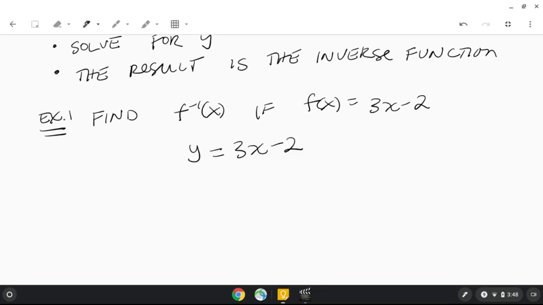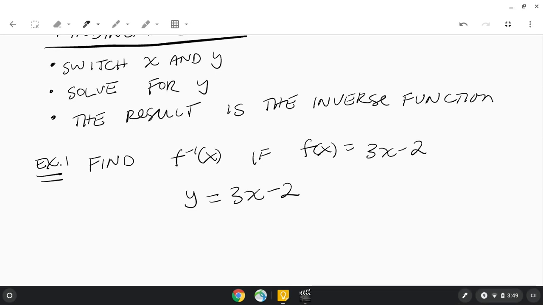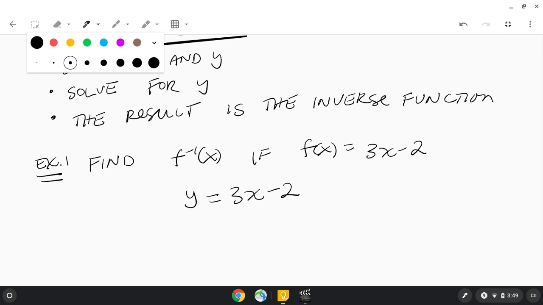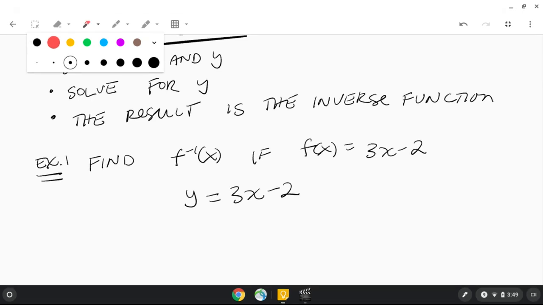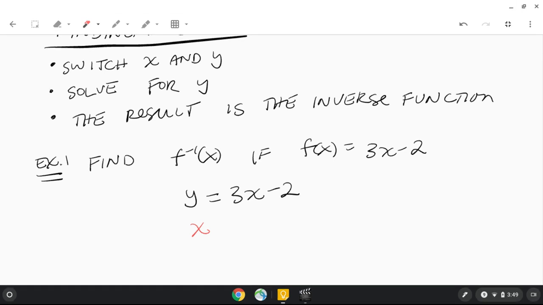We haven't done step 1 yet. It says for the first part that we switch the x and y. So let's go ahead and do that, and I'll actually do it with red here. I'll put the x here and I'll put the y over here.